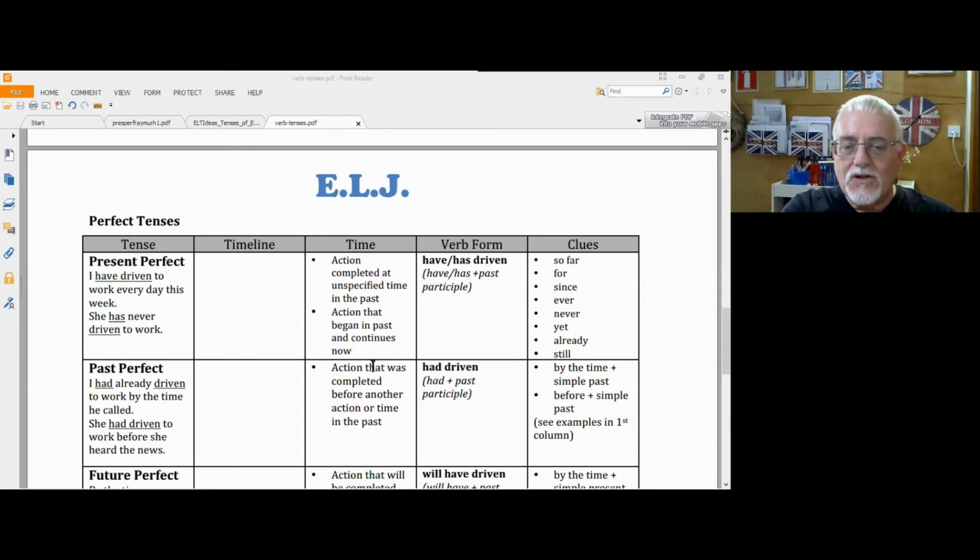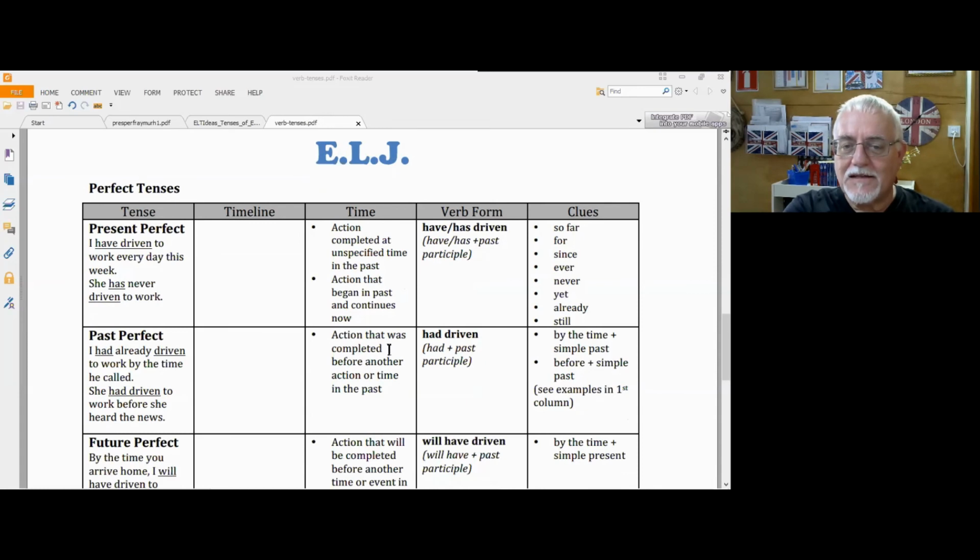So when we come to the past perfect tense, we use had plus the past participle, okay? So "I have flown to Paris many times" becomes "I had flown to Paris many times." Look, I had already driven to work by the time he called.